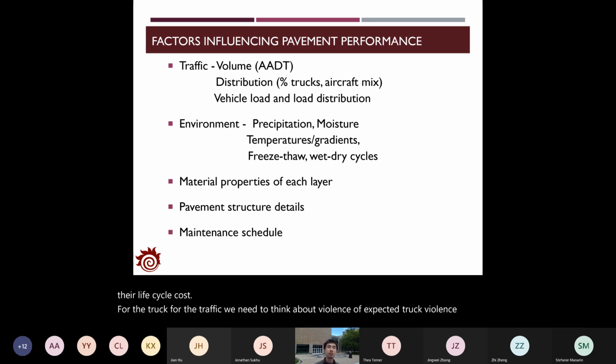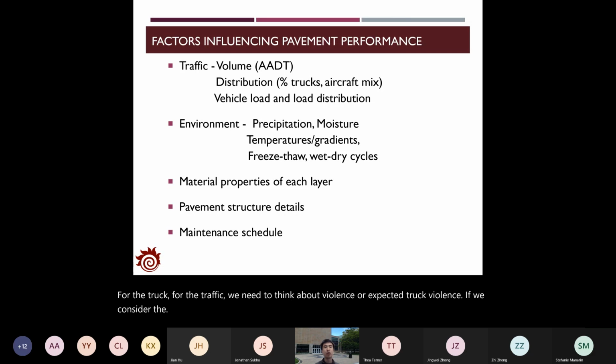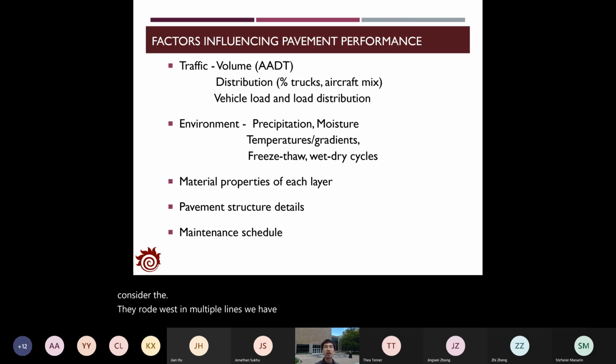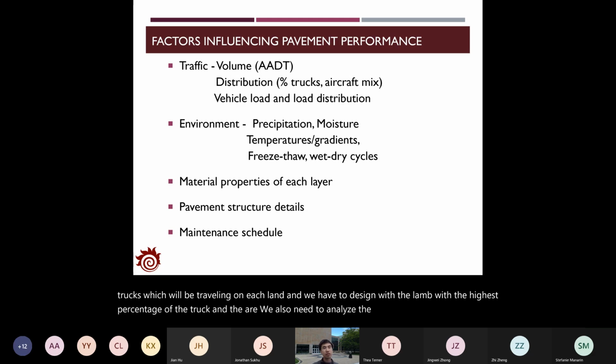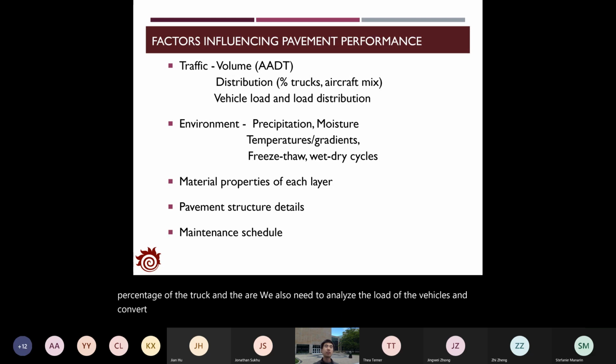If we consider a road with multiple lanes, we have to identify the distribution or the percentage of the trucks traveling on each lane, and we have to design with the lane with the highest percentage of trucks. And we also need to analyze the load of the vehicles and estimate the distributions of the loads at different layers of the pavement structure.